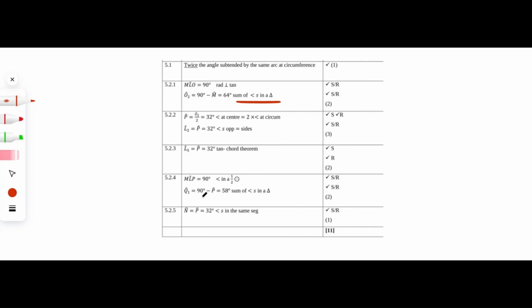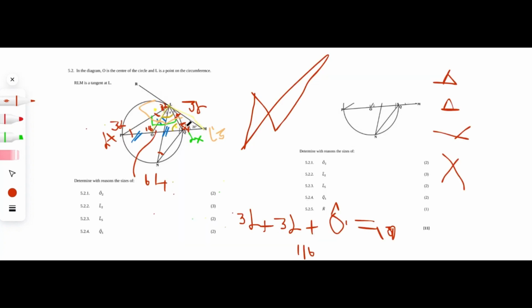And by the way, guys, they definitely use another method on the memo. The memo uses sum of angles of a triangle because it's the exact same thing. Q1 is also a part of a triangle with more than enough information to use so that we can calculate what Q1 is. We know they've used P is equal to 32.